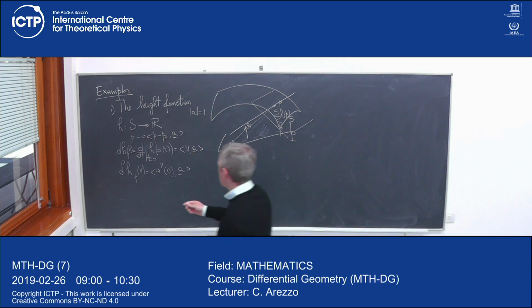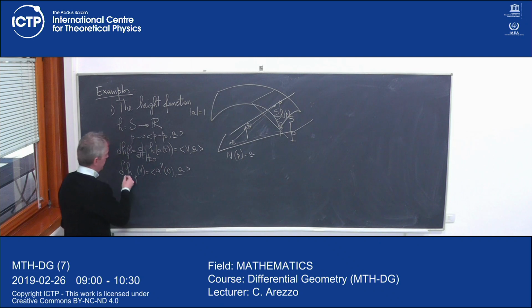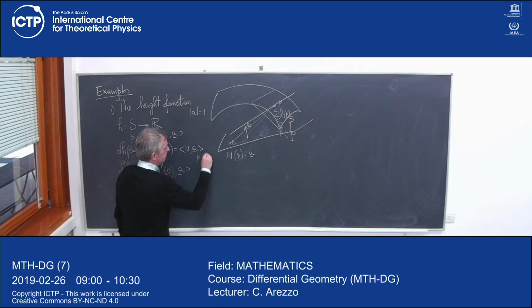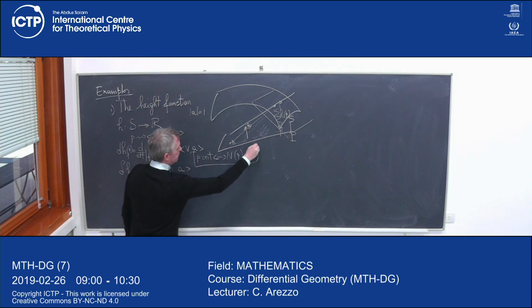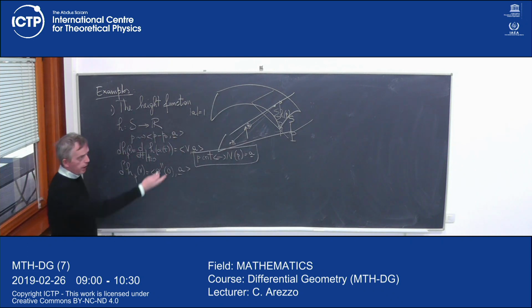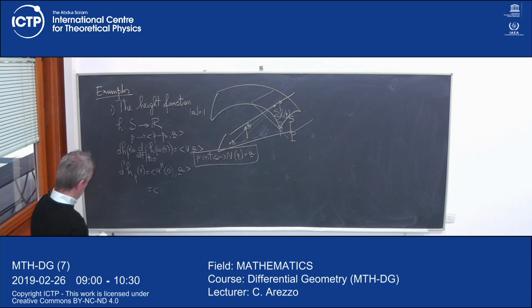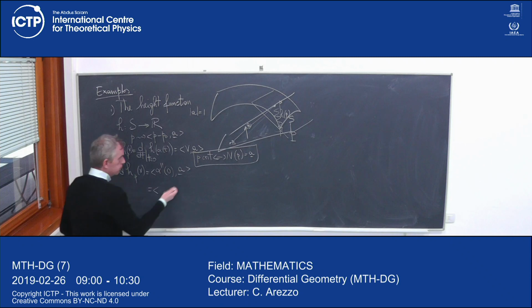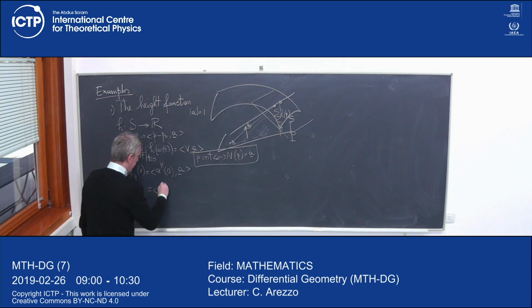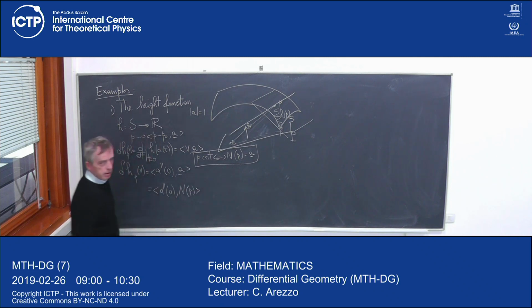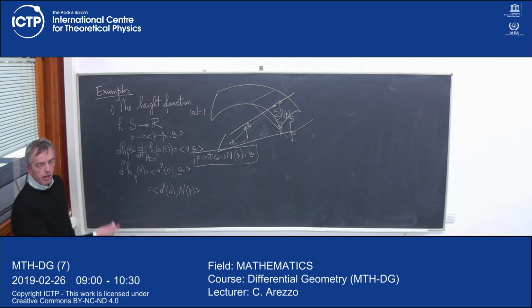This is one way to write the critical point equation, so this makes sense only at those points. So for those points, I can say that the Hessian is equal to alpha double prime 0 scalar n of p.